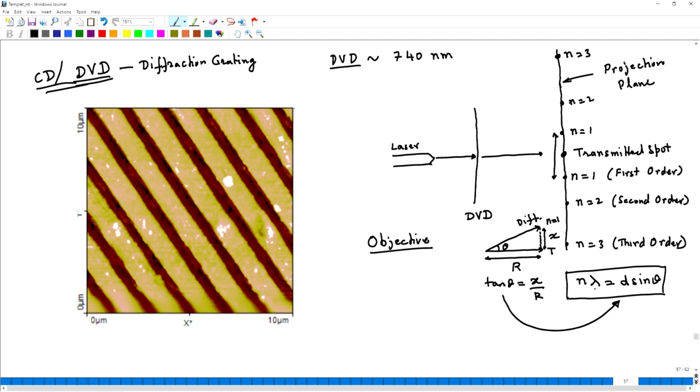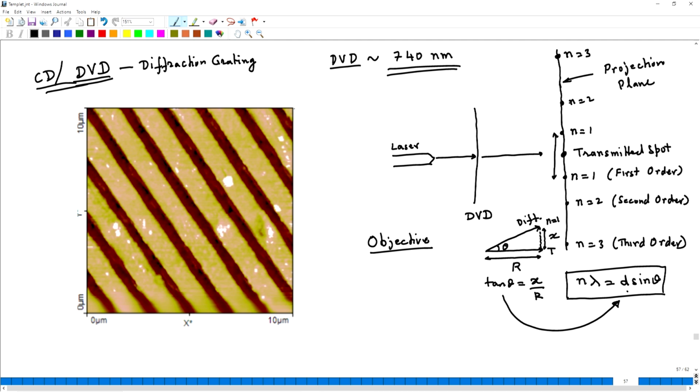If I know the wavelength of the laser that I am using and I have measured theta, I would be able to find out the distance between the tracks, or the track spacing on a DVD, which I have said should be of the order of 740 nanometers.